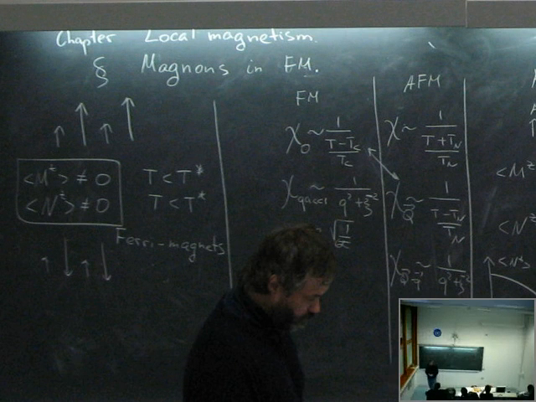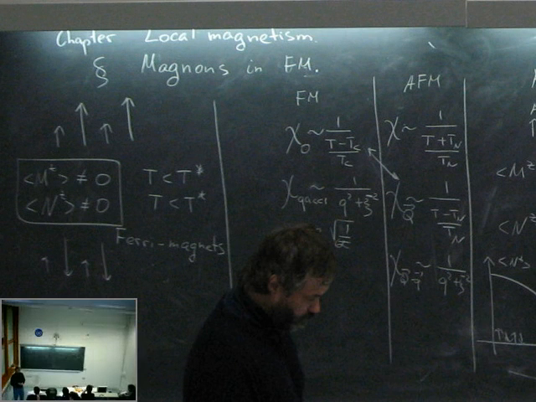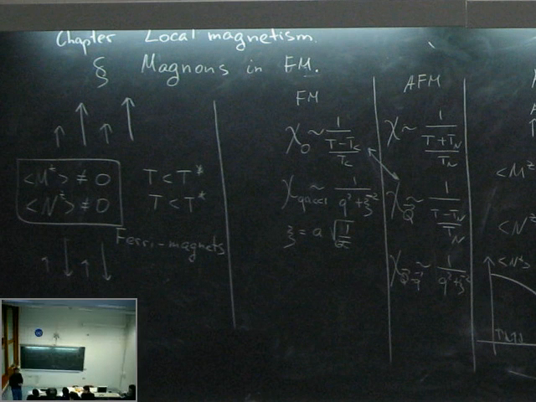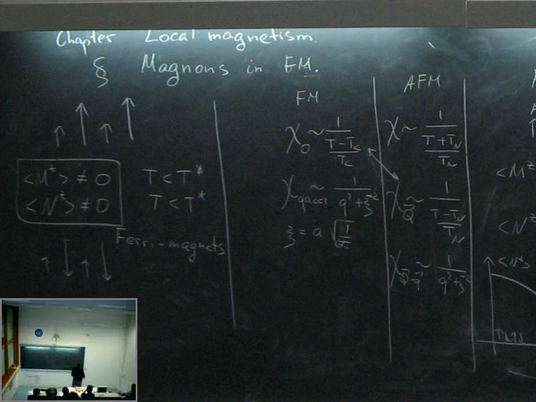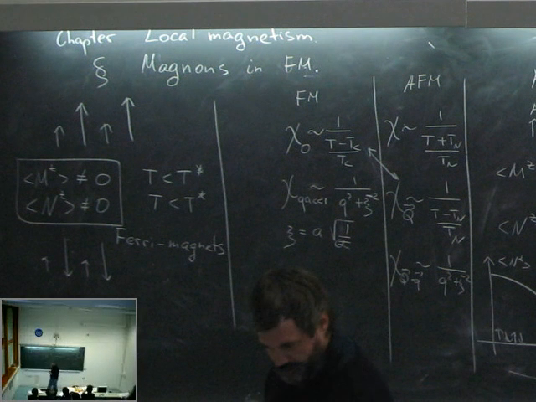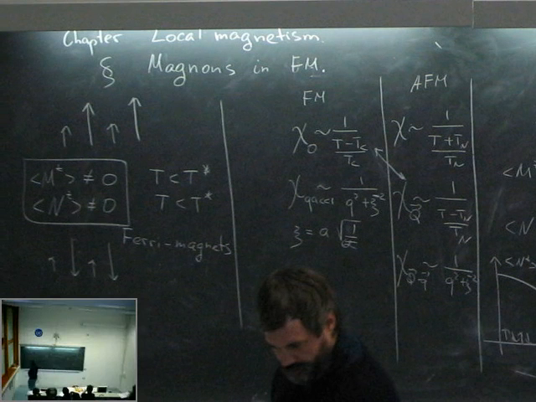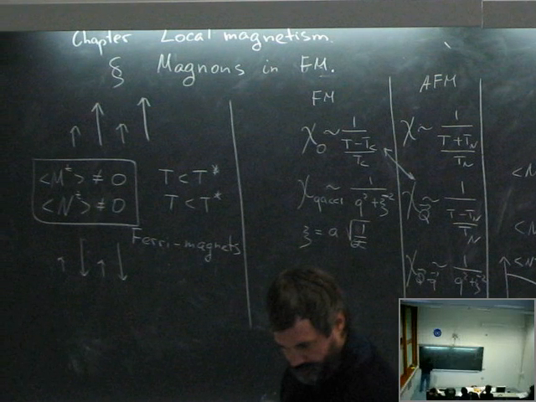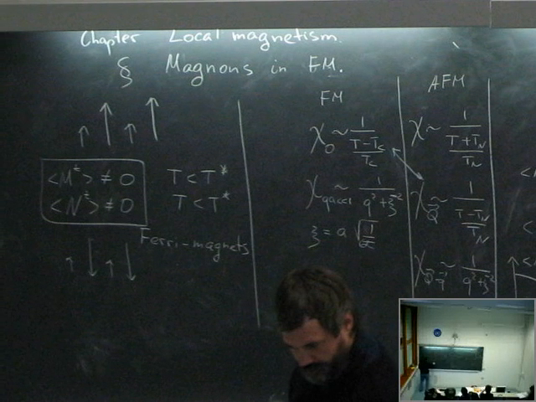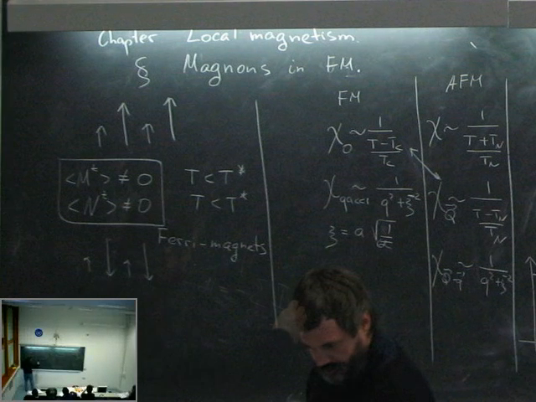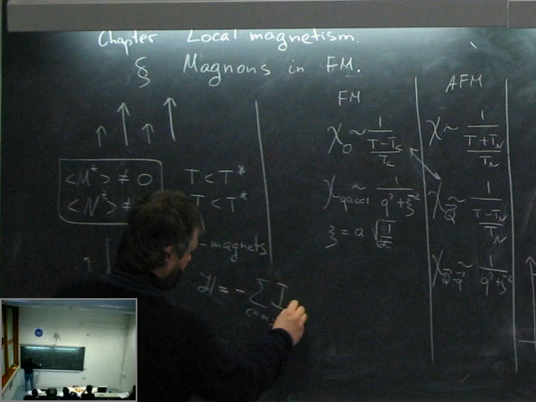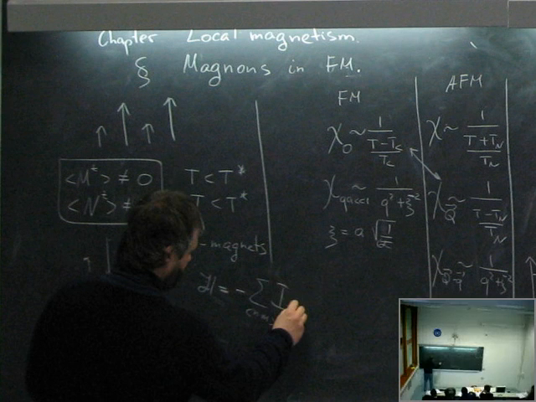More questions? What happens if we cannot divide the lattice into sublattices? Look, one can answer this in a different way. For example, if you start with the Heisenberg model with nearest neighbor interaction, then H is equal to minus sum over nearest neighbors n m of J_nm s_n dot s_m.